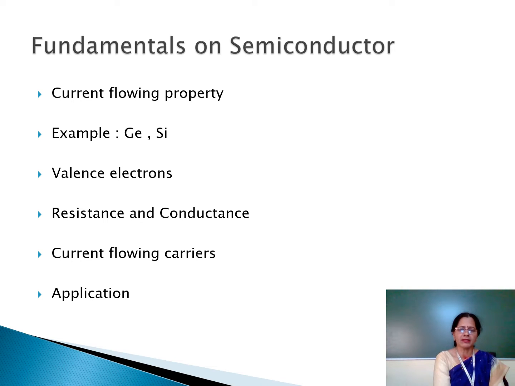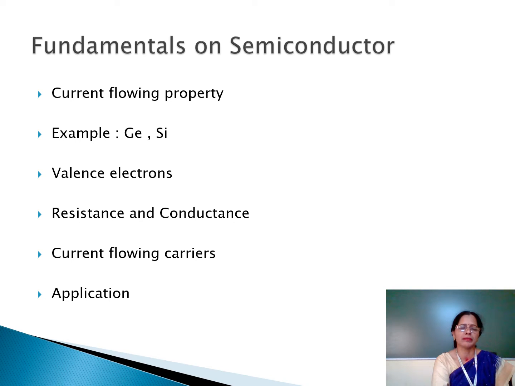Basically, this semiconductor material has resistance property and conductance property. If we study the resistance and conductance properties of the semiconductor, these two properties lie in between the conductor and insulator. What is the meaning? It means that in the case of a conductor, the resistance is very low, and in the case of an insulator, the resistance is very high.